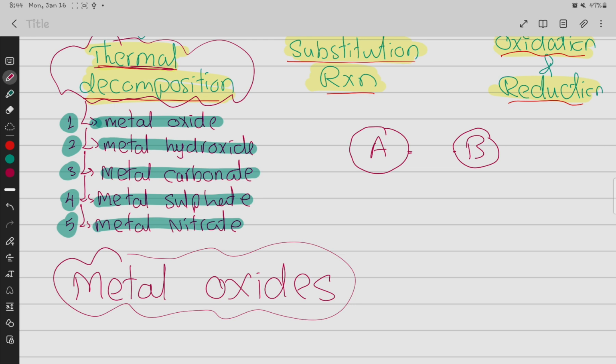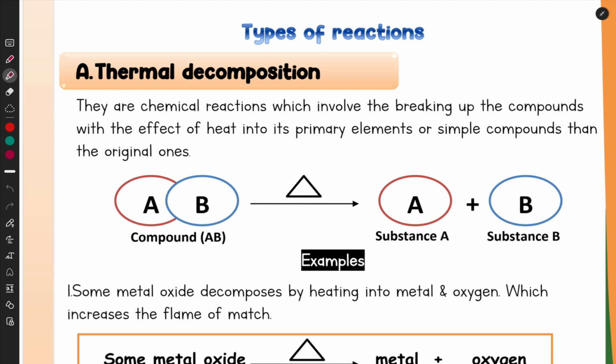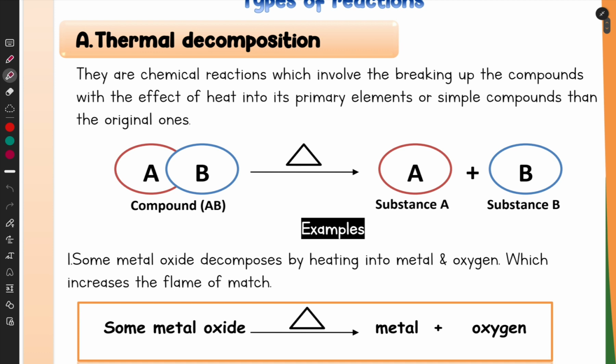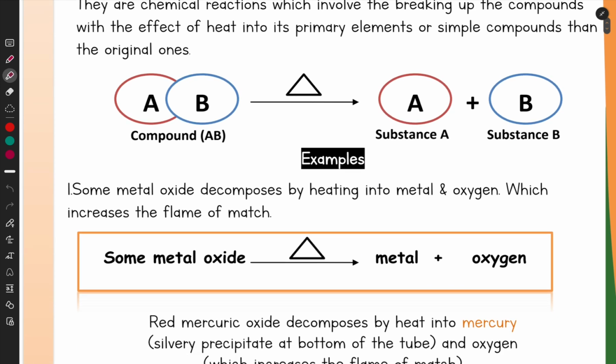Now we will go to our booklet and the revision of the booklet. This is where we ended in the last lesson, in the last video. This is thermal decomposition, the first type of decomposition. We have a compound AB, and we use this symbol: the triangle is a symbol of heat.